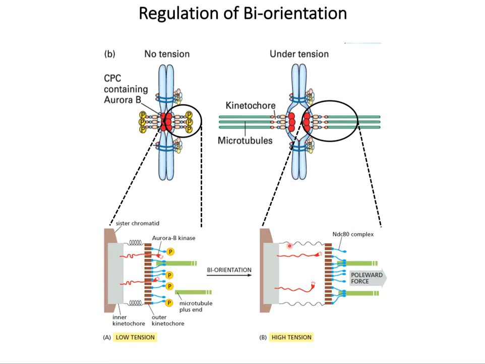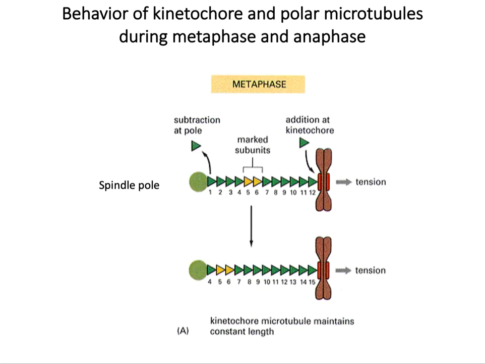Whereas if it is properly oriented, you are going to have a very strong association with the microtubule due to the fact that phosphorylation events are no longer being maintained by the Aurora B kinase.